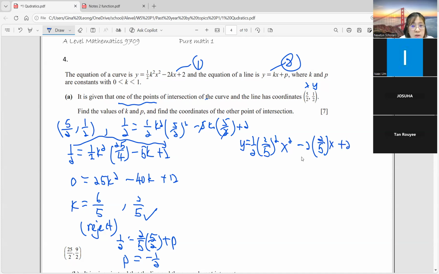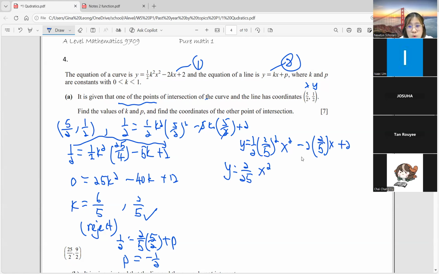Okay, then try to get the things out. x square minus 4 over 5x plus 2. Okay, my equation 1. Equation 2, y equal to 2 over 5 x plus p, so minus half. Okay, this one is my equation 2.